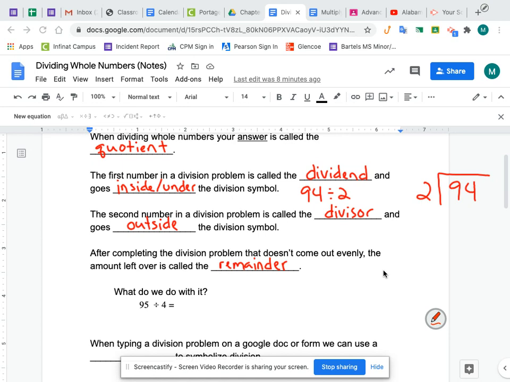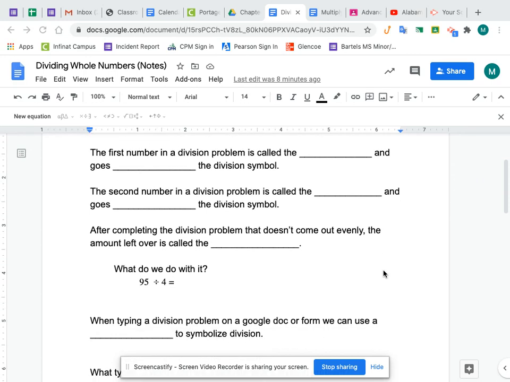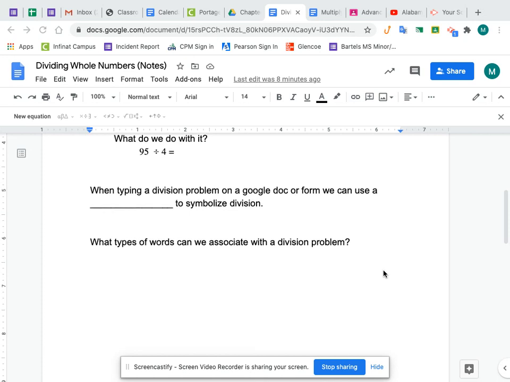All right, and I'm going to show you an example of what we are going to do with the remainder if I have one. So I have 95 divided by 4. So I'm going to put 95 inside my house and divide that by 4. So 4 goes into 9 2 times.